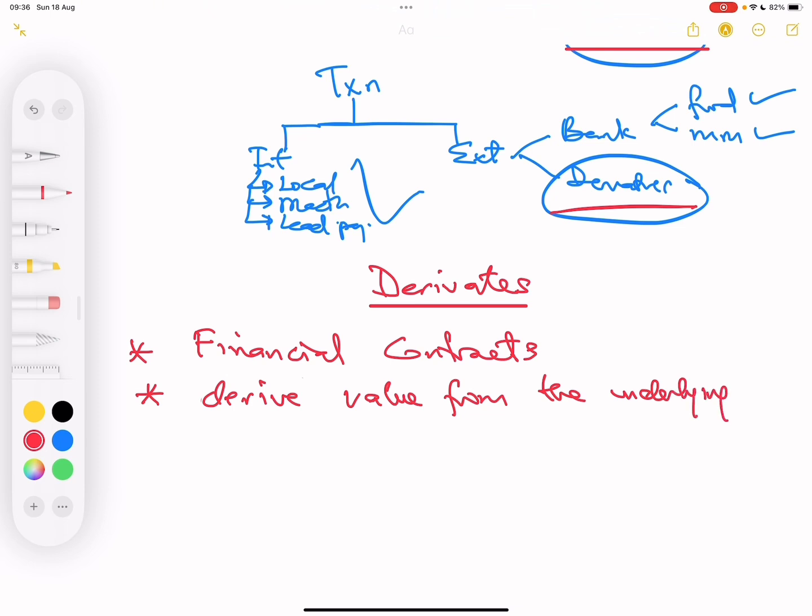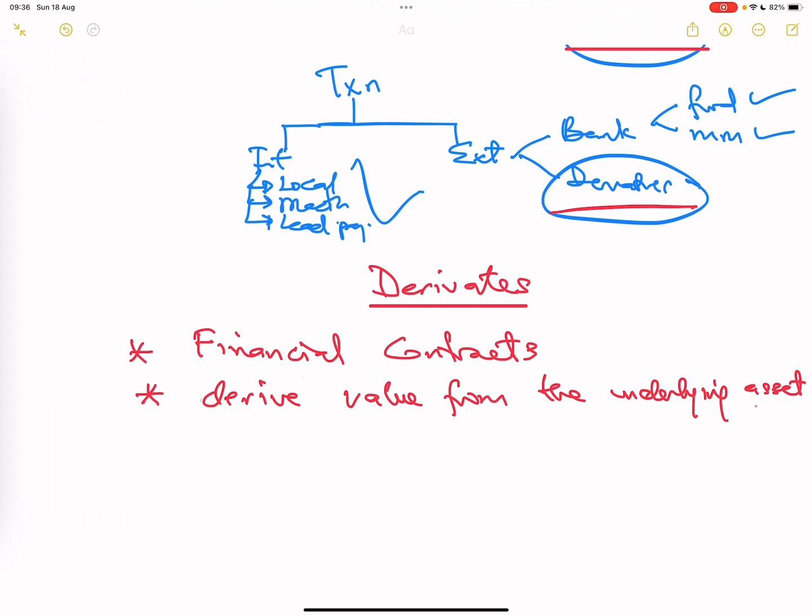So usually there is always an asset involved and the value of that derivative is subject to how the asset is behaving. Which means the asset has its own value and the value of the asset is not the derivative. However, there is a contract tied to that asset and that contract has to be valued. And that contract is what is referred to as derivatives.